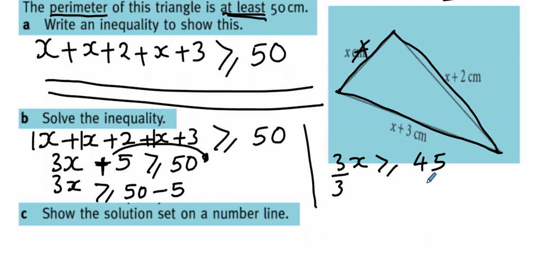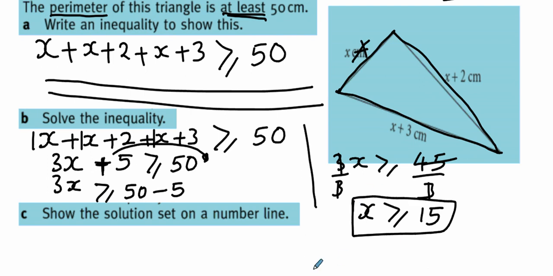Divide by 3, and you get that x is any number which is greater than or equal to 15. This is the solution set for the inequality.